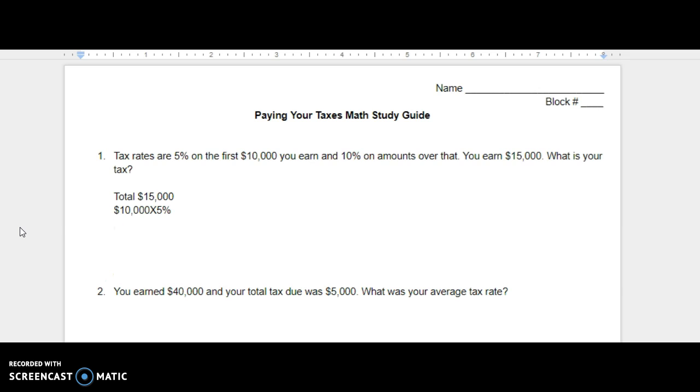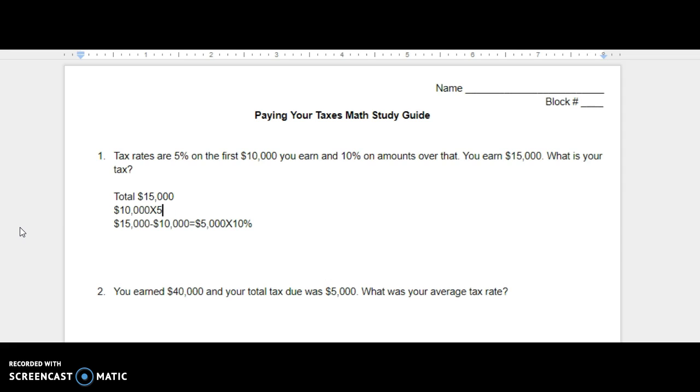And then for your second, let's subtract the $10,000 that we are going to determine tax on in our first bracket from your total of $15,000. And so we know the last $5,000 has to be taxed at 10%. So let's figure out these two different brackets and add them together.